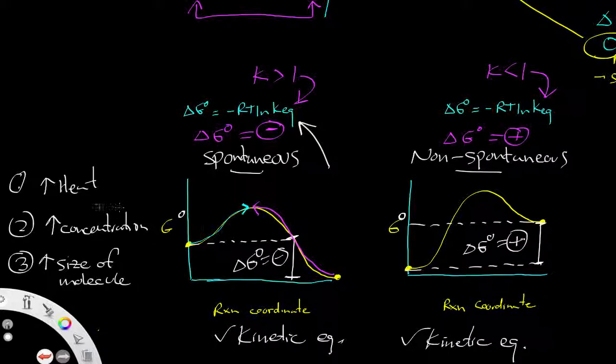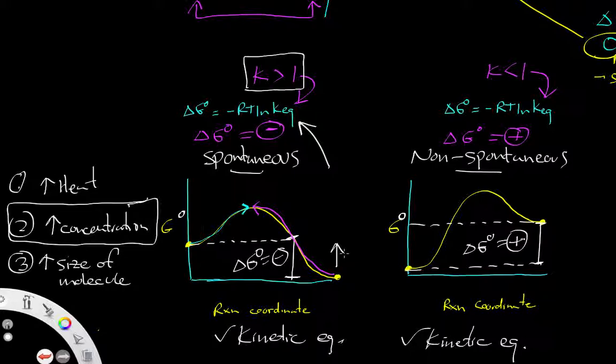The point I want to make is that what we are paying special attention to in this case is the increase in concentration. Remember, we have a K value that is greater than 1 in this instance. If we have a K value greater than 1, we are suggesting a higher degree of concentration in our products than in our reactants.